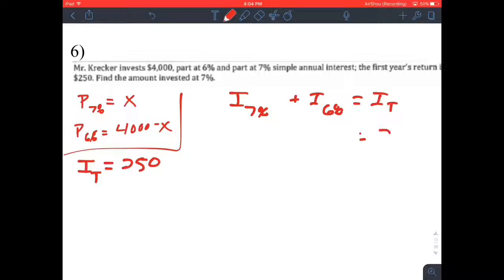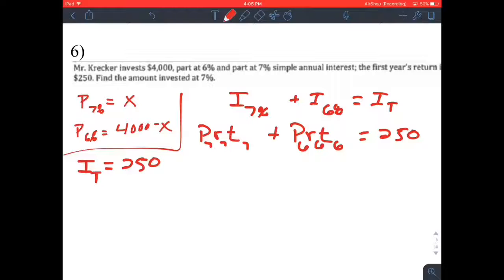Well, the total interest we're told is $250. To find interest at 7%, you're going to take the principal times rate times time at 7%. To find the interest at 6%, you take the principal, rate, and time at 6%. If you add those interests together, you should get $250.